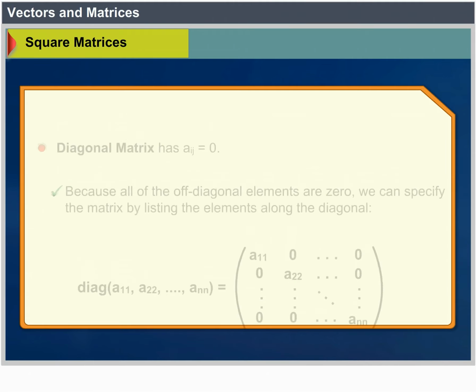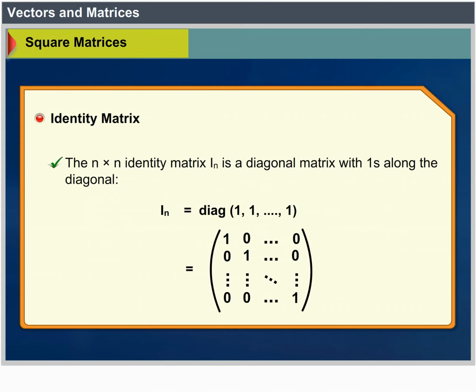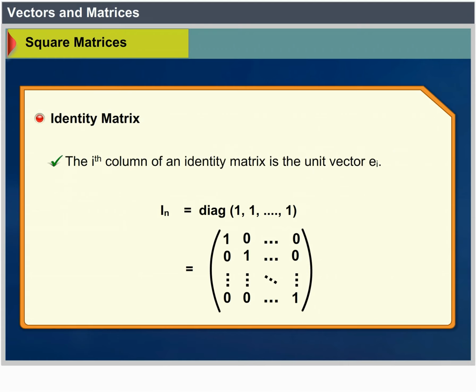The n by n identity matrix I_n is a diagonal matrix with ones along the diagonal. I_n = diag(1, 1, up to 1). The example is shown here. When I appears without a subscript, we derive its size from the context. The ith column of an identity matrix is the unit vector e_i.